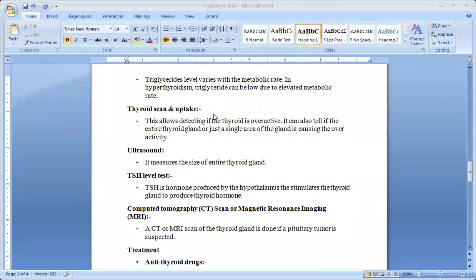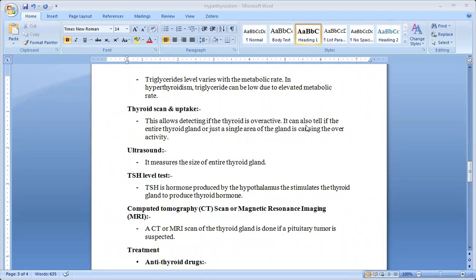Thyroid scan and uptake. Because of this scanning, we can detect whether the thyroid gland is overactive, how much it is overactive, a little part or the entire thyroid gland affected. That we can understand by scanning. This allows detecting where the thyroid gland is overactive.